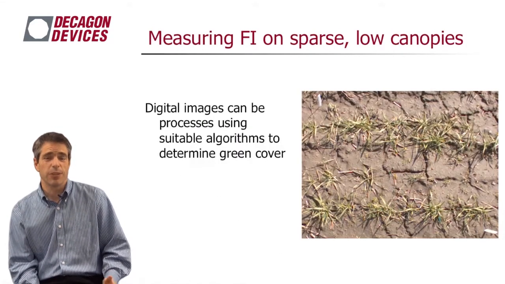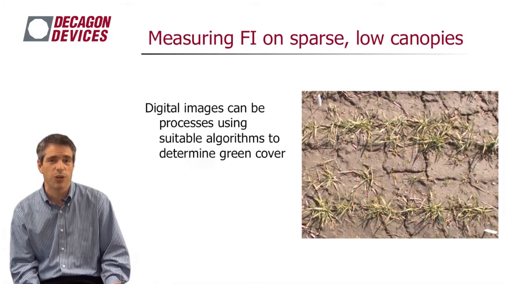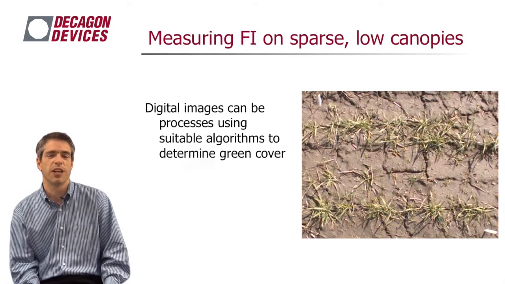Now, what about this canopy? This is a grass. There's just not much there. You're certainly not going to get a ceptometer underneath this canopy, and it's unlikely that an NDVI sensor would give you any good information here.